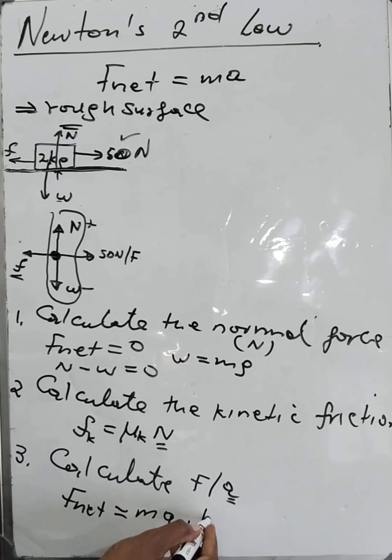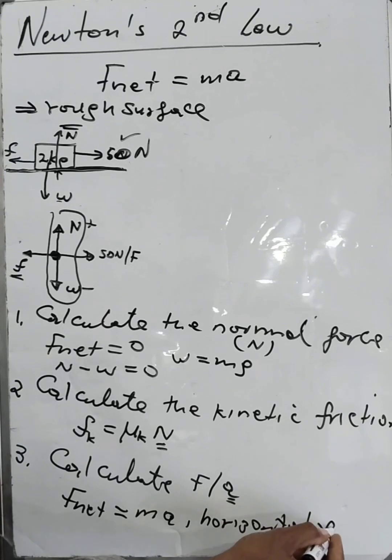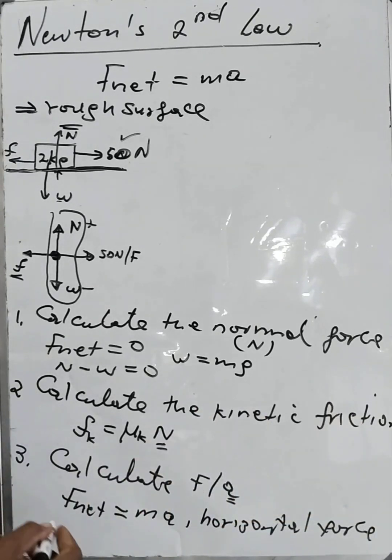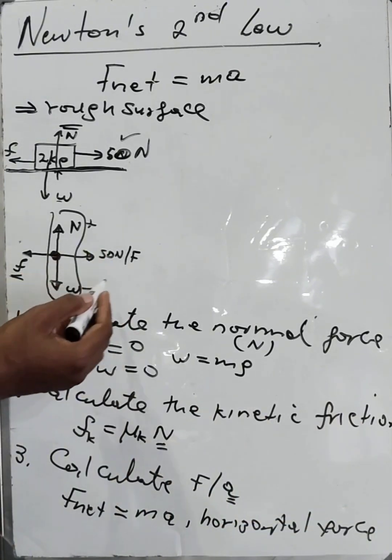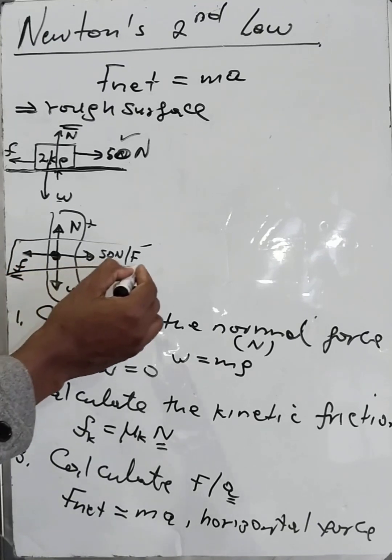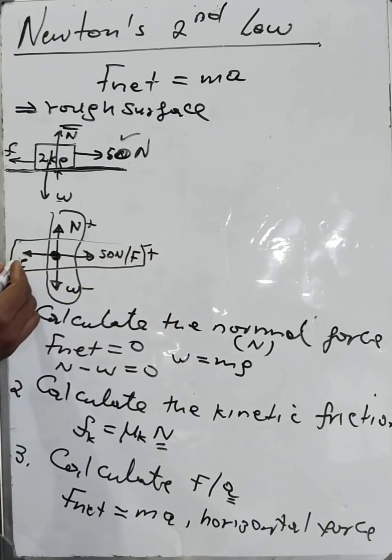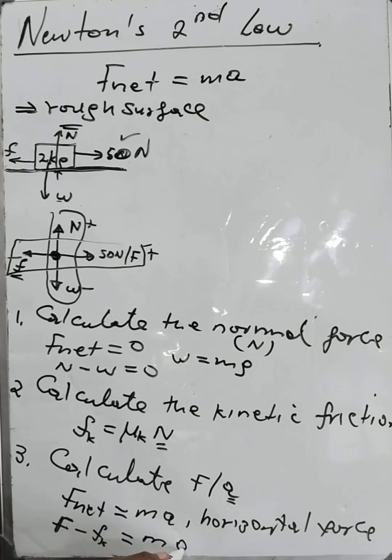Okay, how many forces do we have now as horizontal? Two. This must be positive, friction must be negative. So friction is negative, but force applied is positive. Force applied minus the kinetic friction is equal to ma.